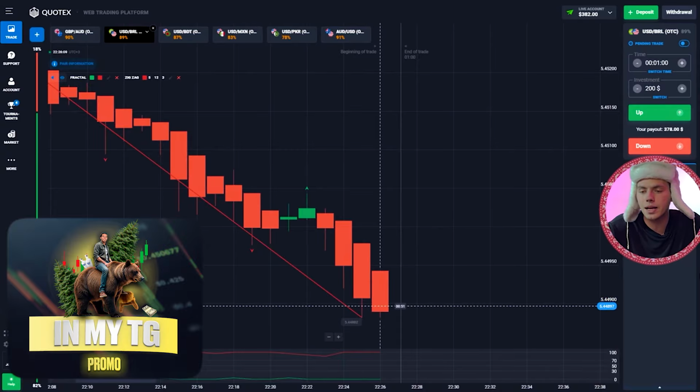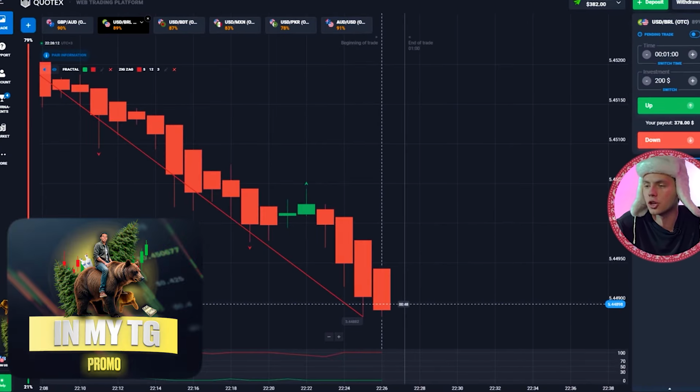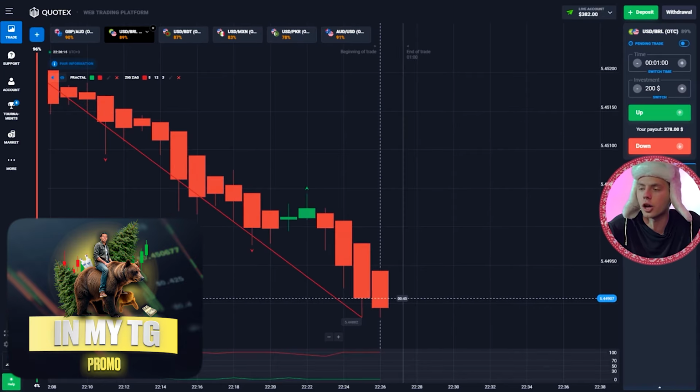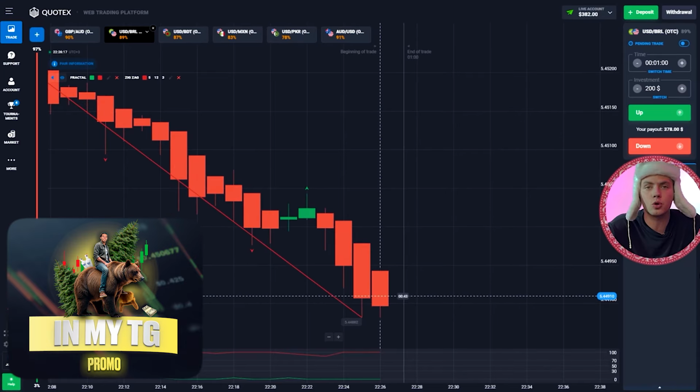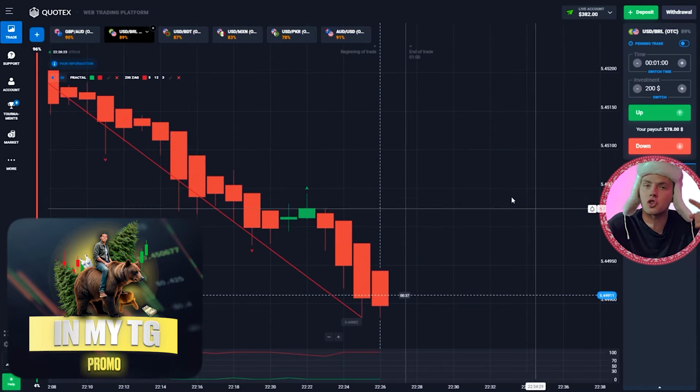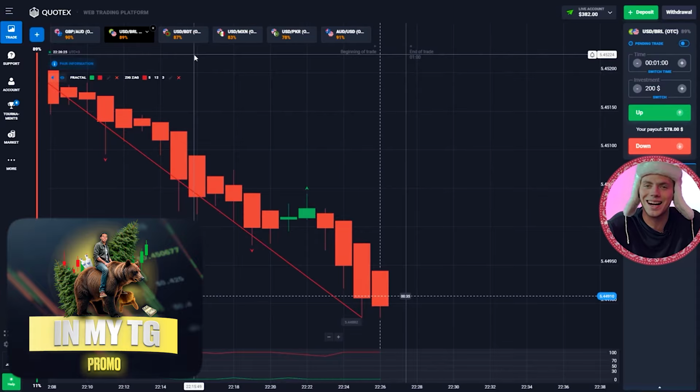And great, we got another trade closed, $382. Well, this one is really not bad. 382 on our balance, which means that 182 on our balance is already in plus. Pretty good beginning of the trader's day, guys. Try to change my mind in comments.